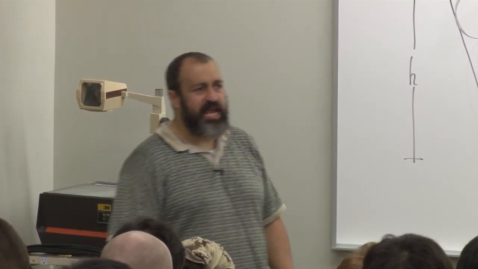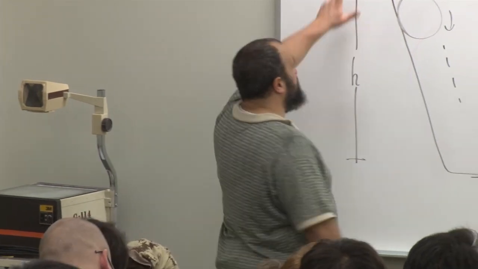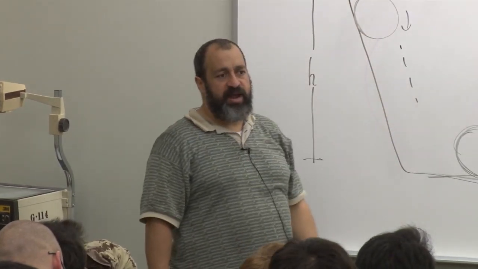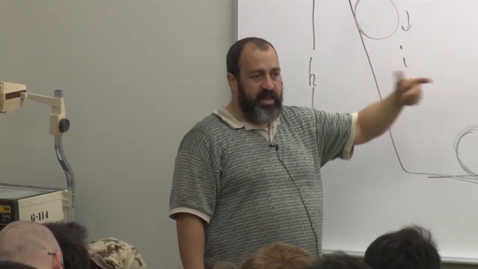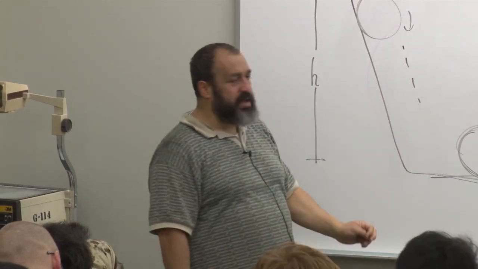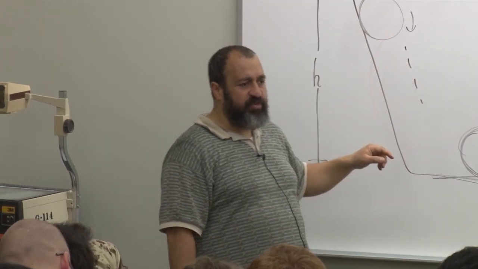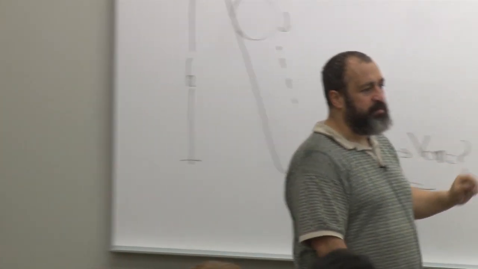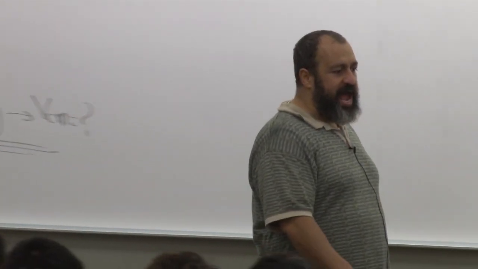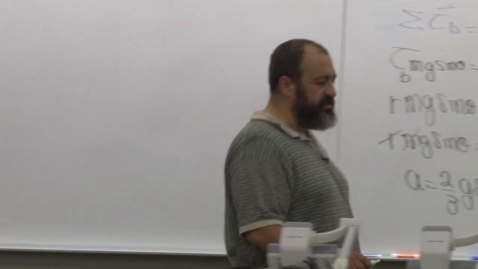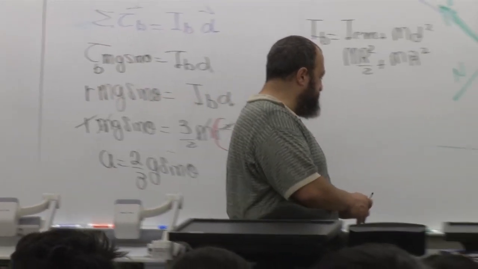Now we're going to take into account the fact that this object rolls as it goes downhill, as it rotates while it translates. So please take a minute now and see if you can come up with the speed at the bottom. Apply conservation of energy, and see where you can take this.